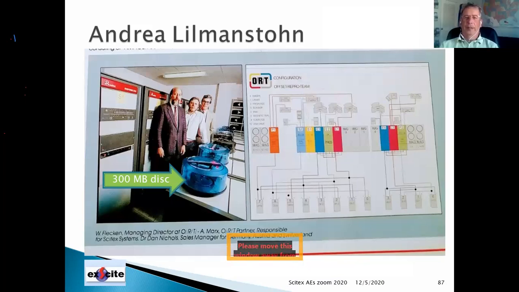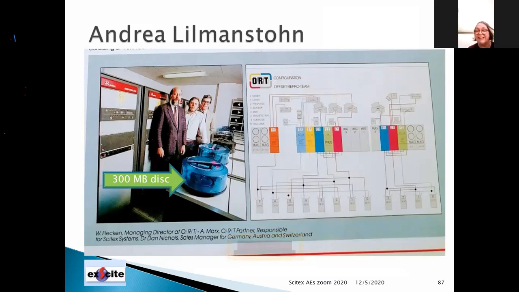Yeah, this is 300 megabyte, and you can hold in your hand today 1 terabyte. Exactly. Yeah. So we are dinosaurs really when we think about the Scitex times, but hey, it was very exciting. I felt it when I joined Scitex that I was in the company of very clever, very creative people, and it was very, very exciting.